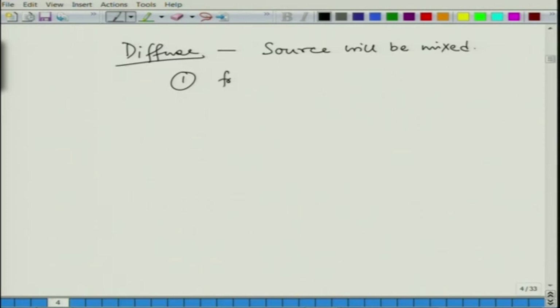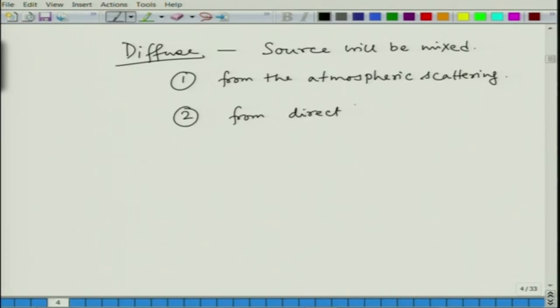One from atmospheric scattering, then from direct reflection from some other body, and some coming after multiple reflections.